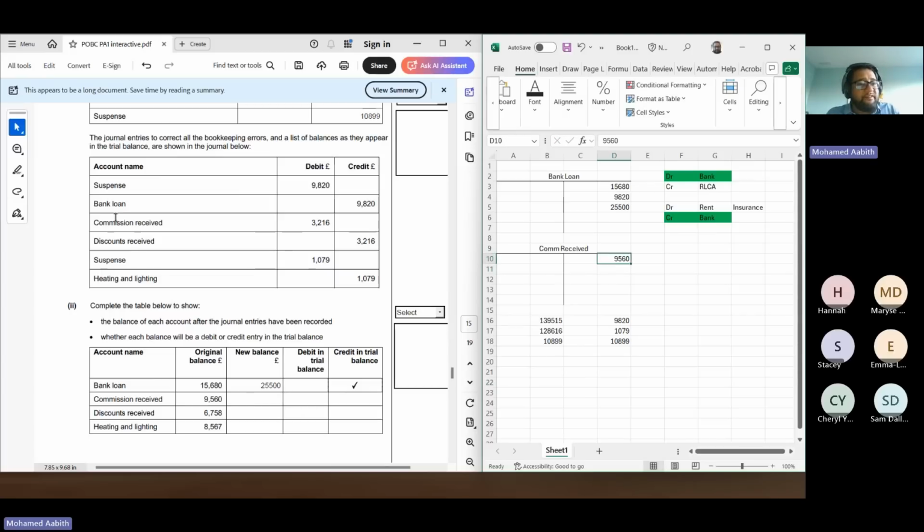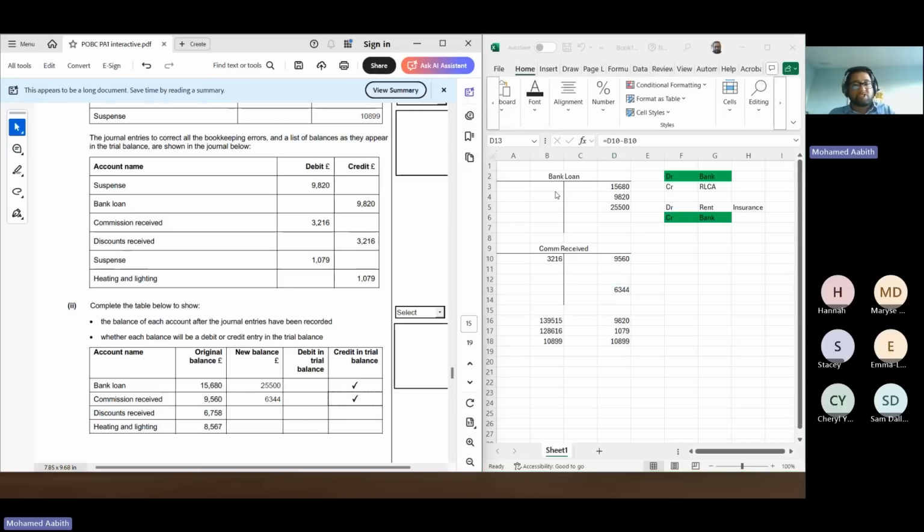But the entry we're going to make from this journal is going to be on the debit side, 3,216. So it is going to be going here, 3,216. So the balance brought down for this one, the new balance, will be that minus that figure, 6,344. Is that going to be a debit or a credit on the trial balance? Again, it is going to be on the credit side.